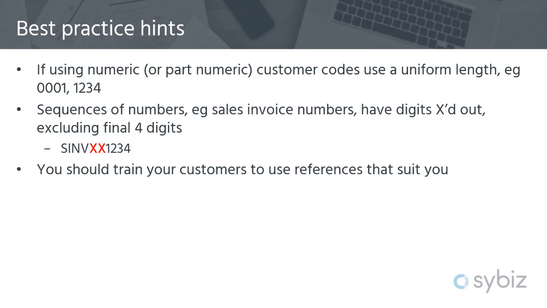So in your system, you've processed it, it's had a reference with 6 digits, but the Yodlee system will redact those first 2 digits in that 6 digit string there. So the software, the bank feed process, is intelligent enough to deal with that.